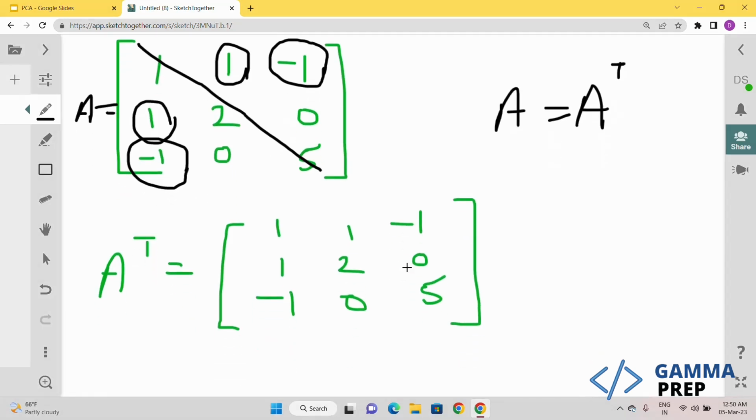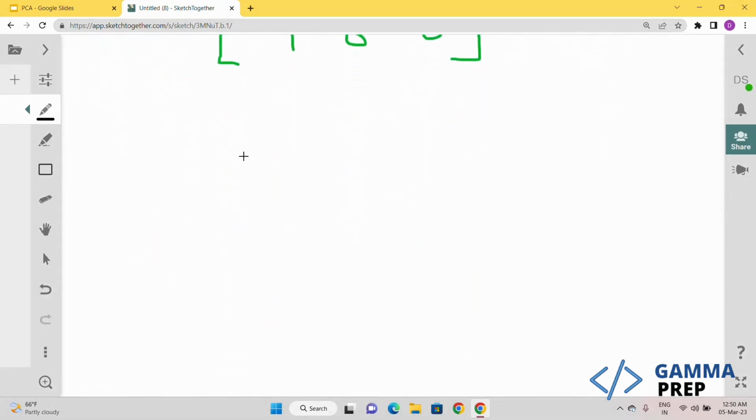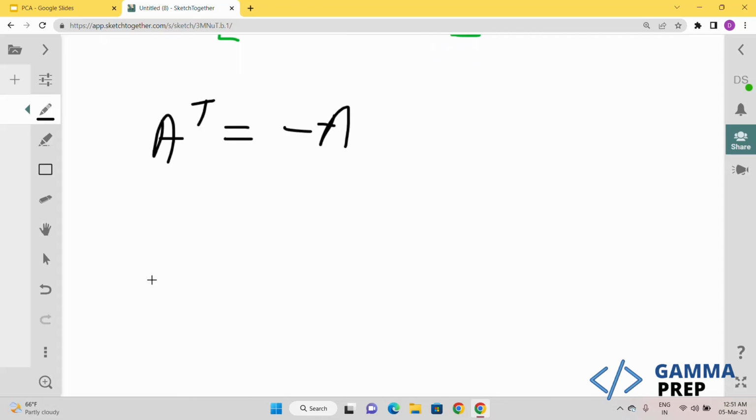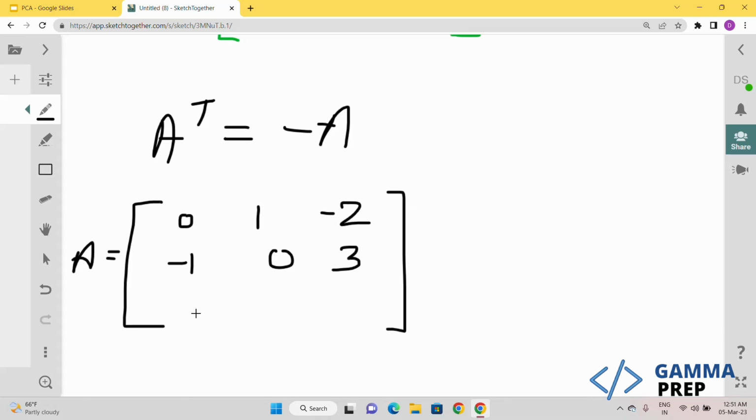Now let's talk about the skew symmetric matrix. In a skew symmetric matrix, A transpose is not equal to A, but it's actually equal to minus A. One example that we have is, let's say our A is 0, 1, minus 2, minus 1, 0, 3, 2, minus 3, and 0.